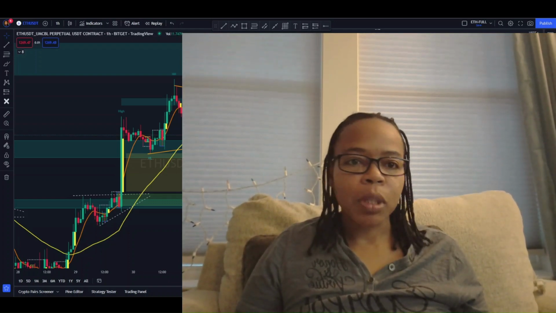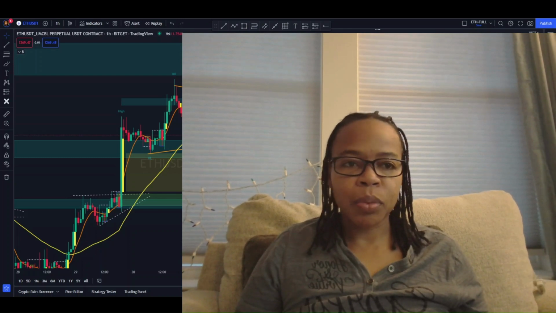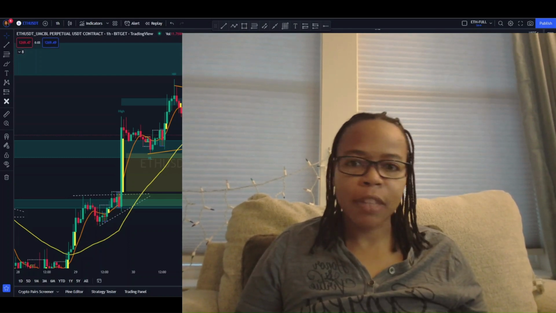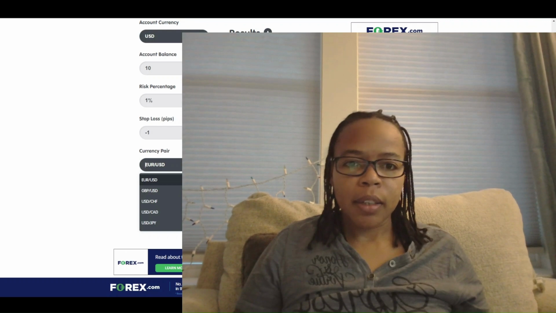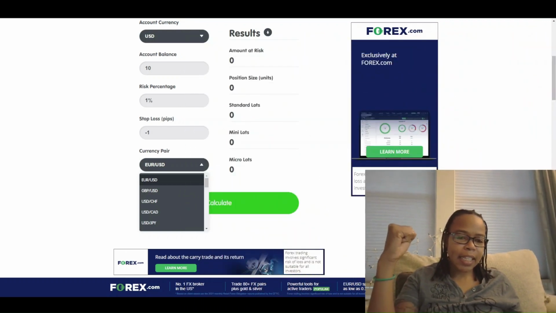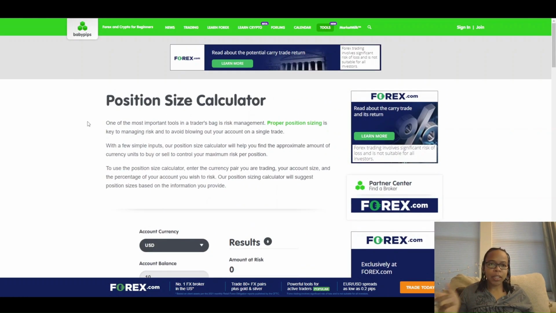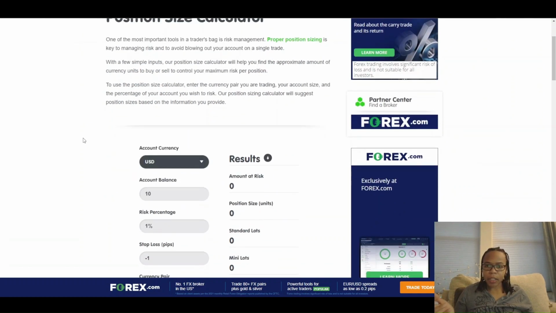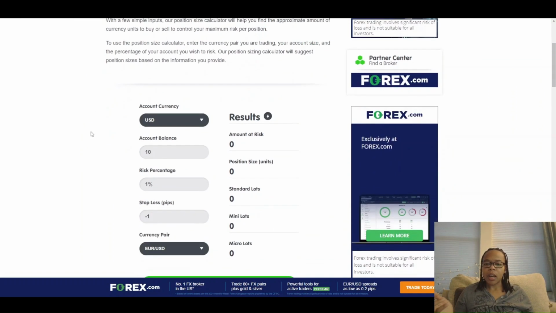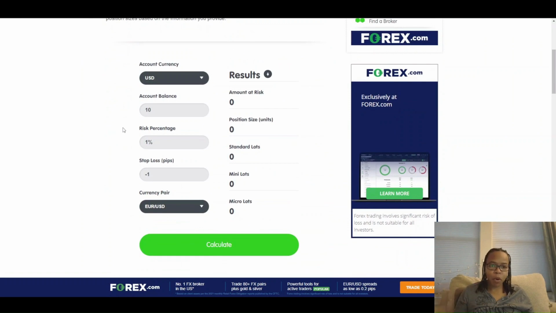So far, I've only really been able to find decent, accurate ones for other markets. For example, I was watching Trade Society's video, and he was using this position size calculator from babypips.com, and it's great for Forex, right?